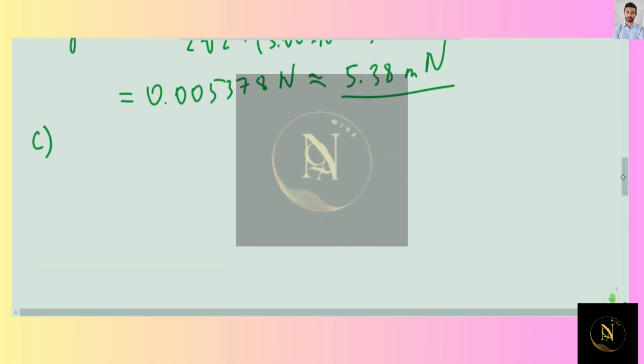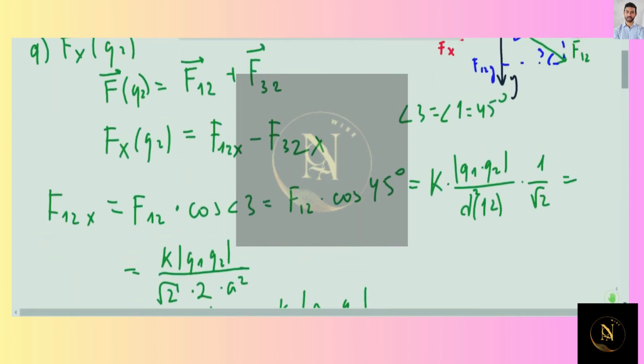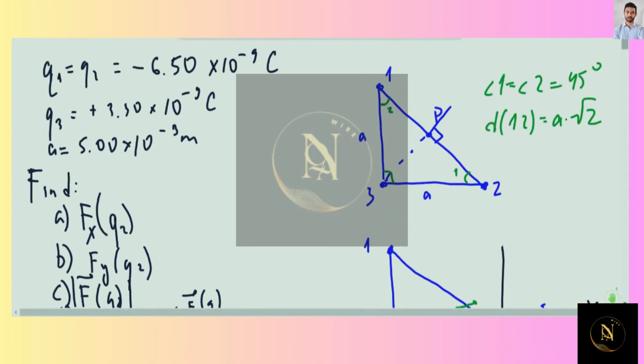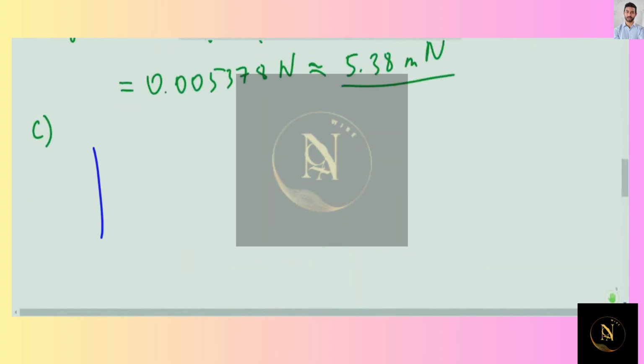So now we've calculated the y component, and now we have to calculate the total force. Again, we have to redraw this geometry, this system, because we'll need it to answer questions C and D. So again, point 1, point 3, point 2. Here let's sketch our forces. Fx is here, directed to the left, and Fy is directed down, and Fy is larger than Fx.